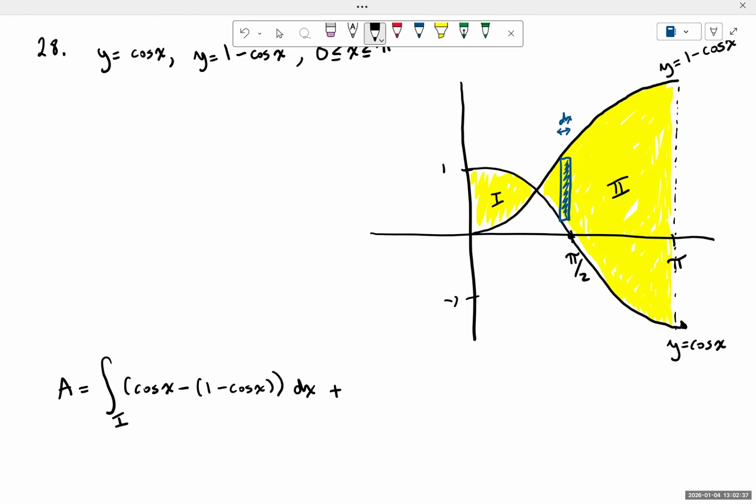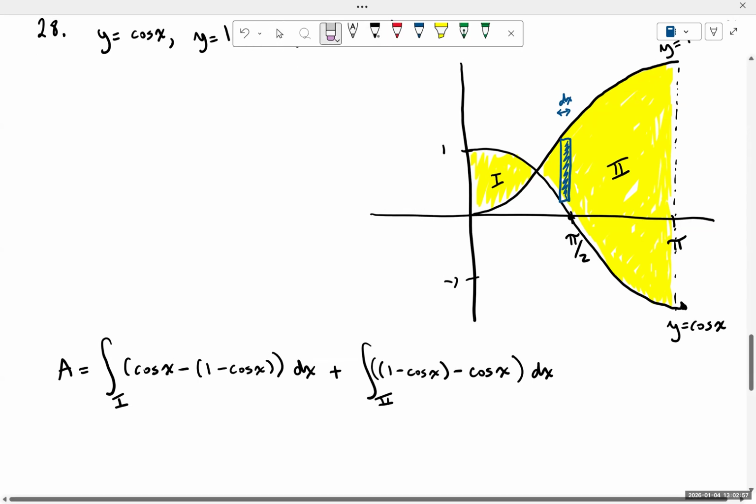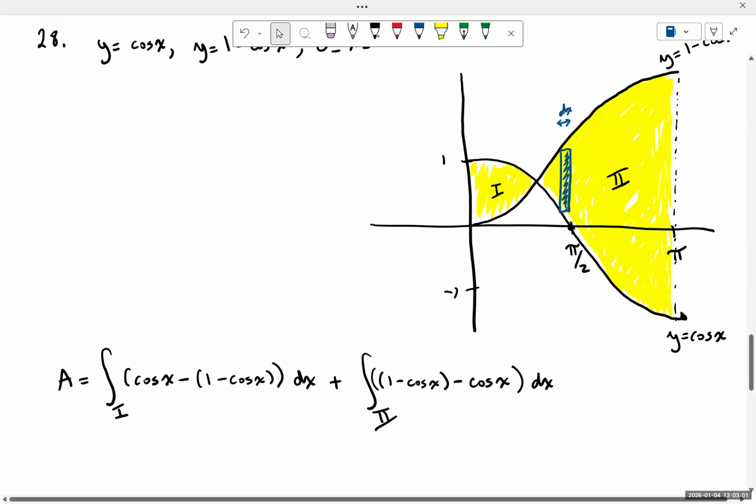And then on region 2, my top curve is 1 minus cosine x, and my bottom curve is just cosine x.